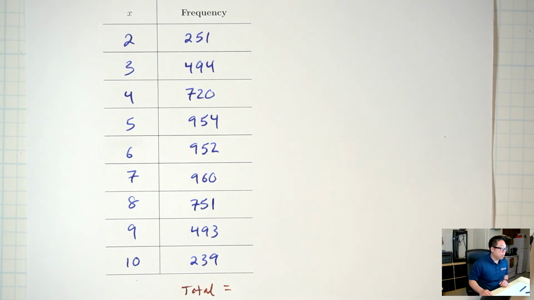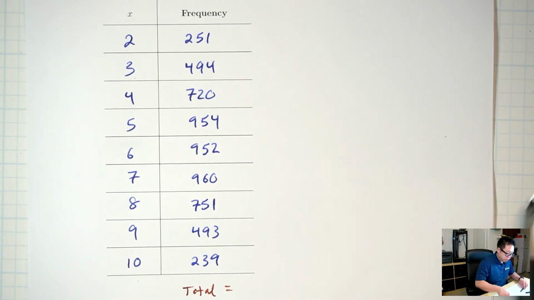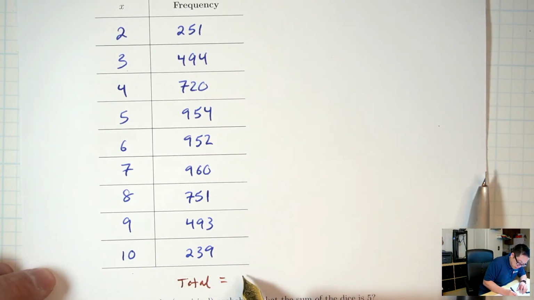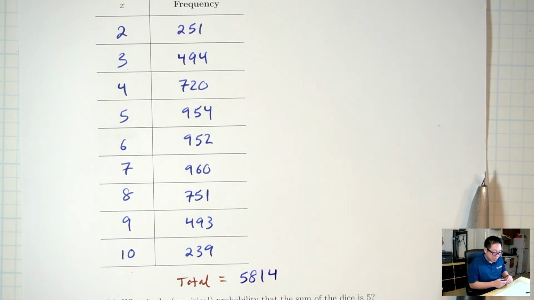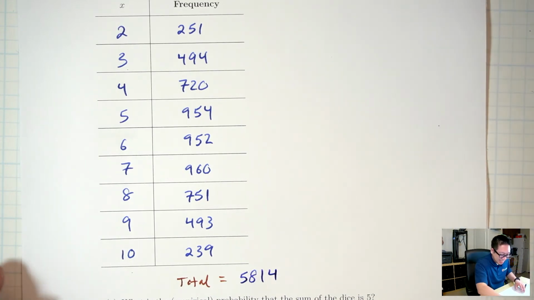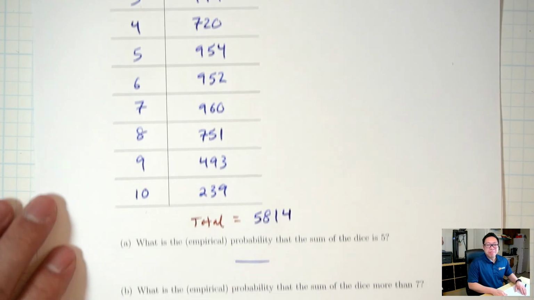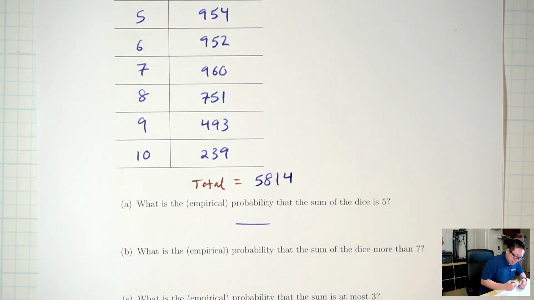Total 5,814. So I rolled dice 5,814 times. That's the number at the bottom.